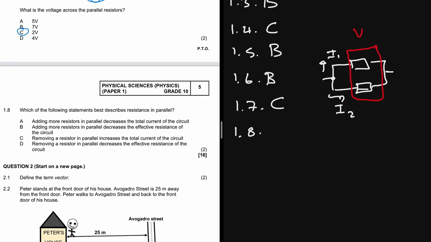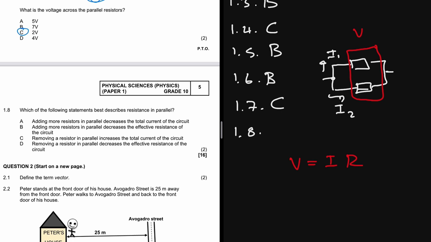So now if you look at the first statement, they say now adding more resistance in parallel decreases the total current. Okay, so this means that we are looking at the relationship of Ohm's law. Remember, Ohm's law says voltage is equivalent to current multiplied by resistance.